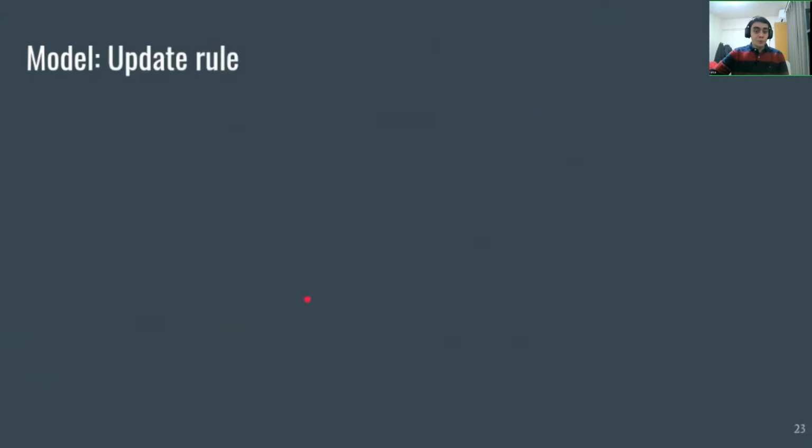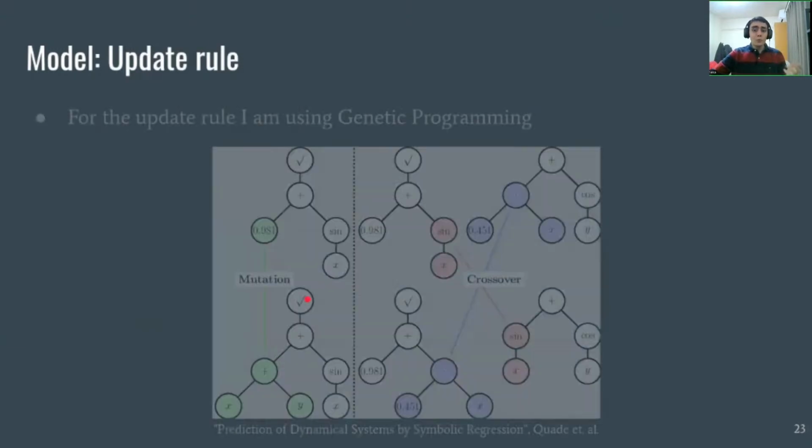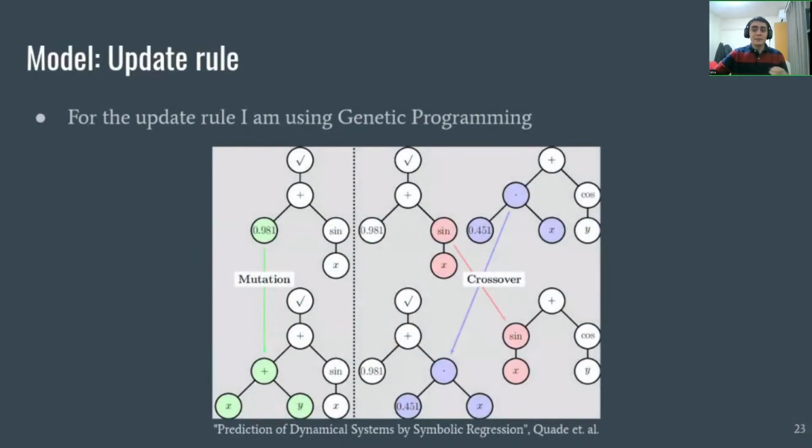For my update rule, I'm using genetic programming trees. I won't go into too much detail about genetic programming, or GPs, but I chose them for two reasons. The first one is that I can create a population of CAs that each one has a different GP tree.